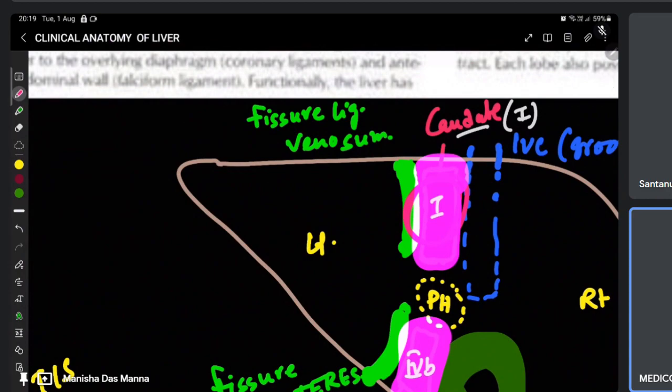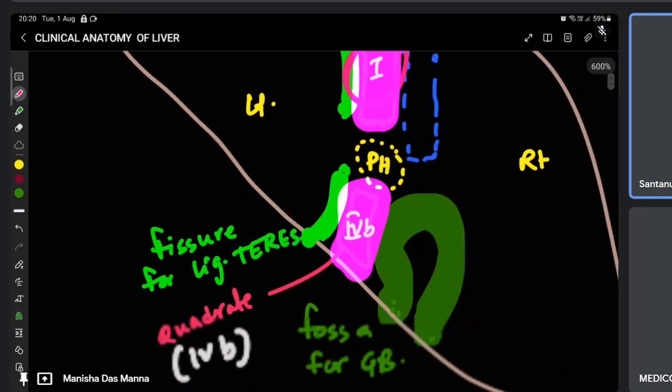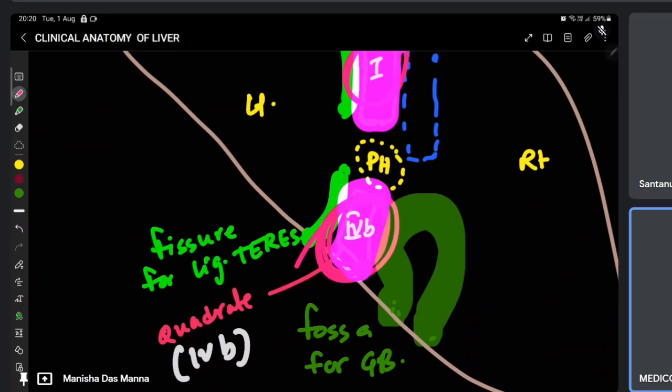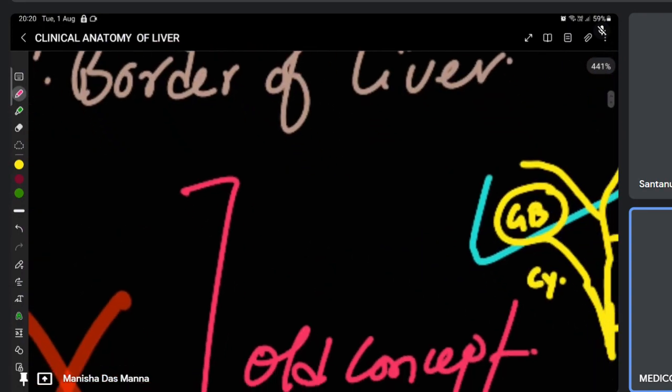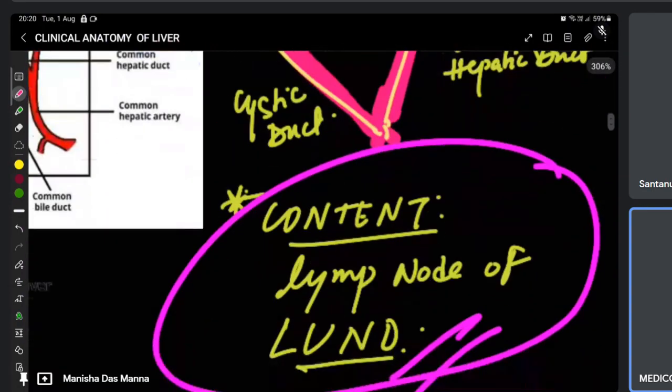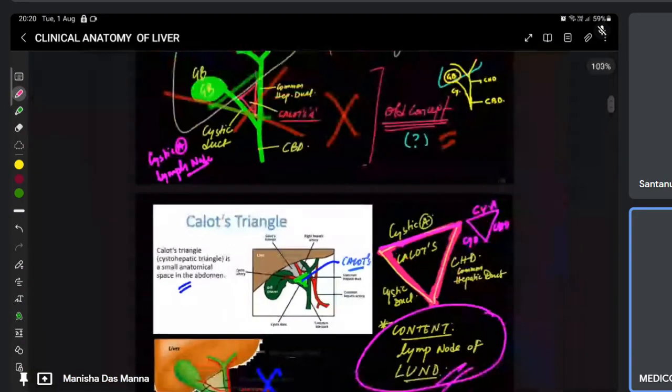This is the caudate lobe, an independent lobe of the liver, visible posteriorly. And a part of lobe 4b is also visible posteriorly. Actually, lobe 4b is something like this.